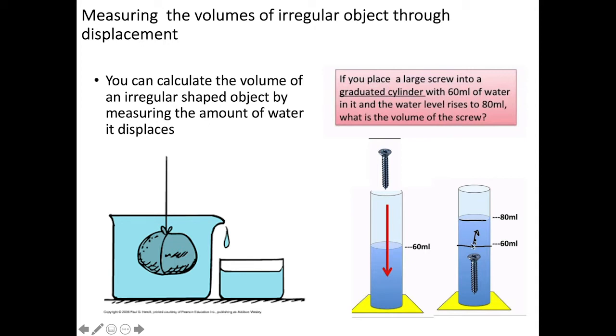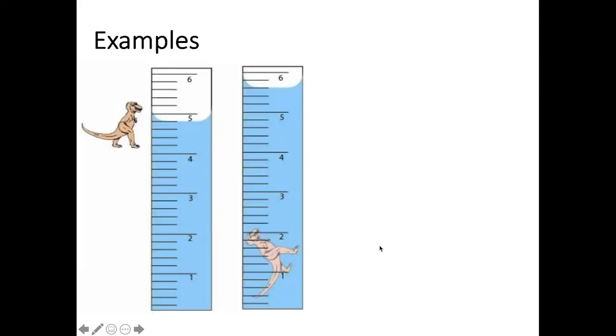How we know the volume of the screw is we take the difference. So we're going to do 80 minus 60 milliliters. So take the difference of the increase. How much did it go up by? Which is 20 milliliters. So the volume of the screw is going to be the difference between the increased volume and the original volume.